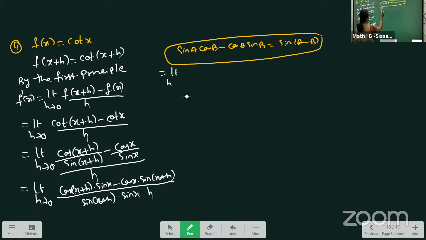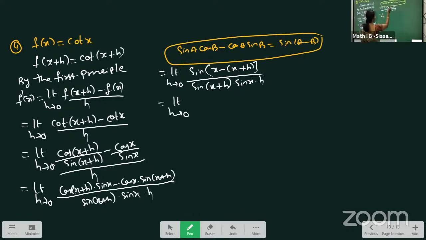Limit h tends to 0, sin of A minus B, here A is x and B is x plus h. A minus B, so x minus of x plus h, by denominator sin of x plus h into sin x into h. So limit h tends to 0, here x and x cancel. Sin of minus h by sin of x plus h into sin x into h. Apply sin of minus theta is minus sin theta.